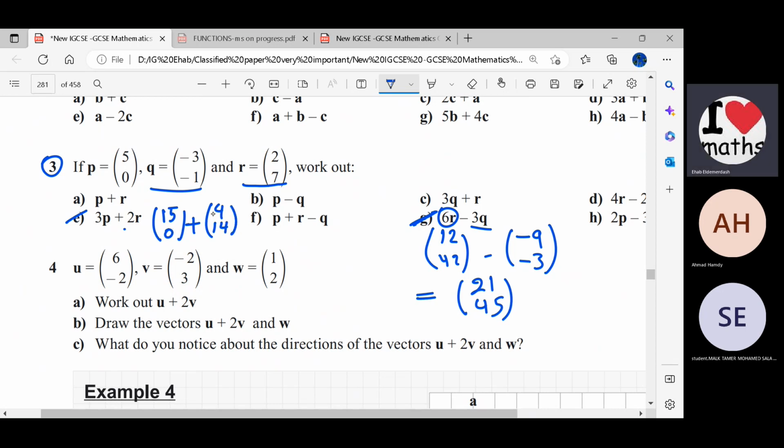So the answer comes as 19 and 14. That's it. Do you have any problem with this? It's easy, right? Do you have anything related to this part?